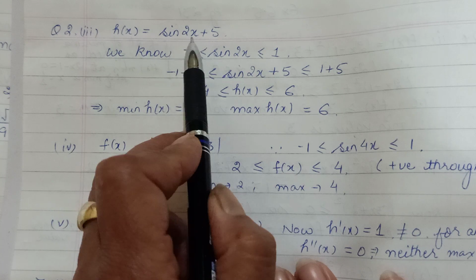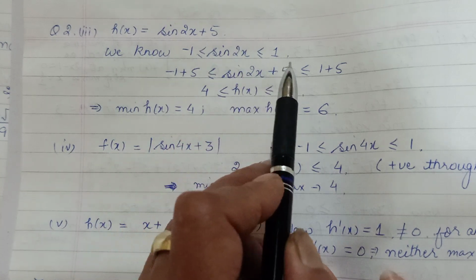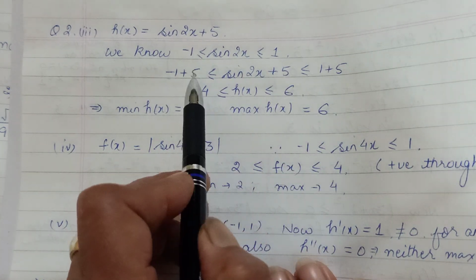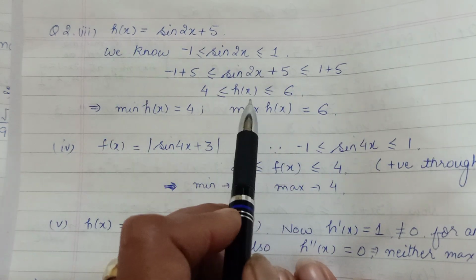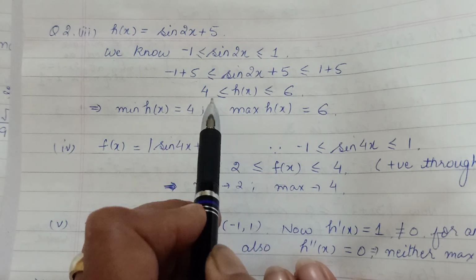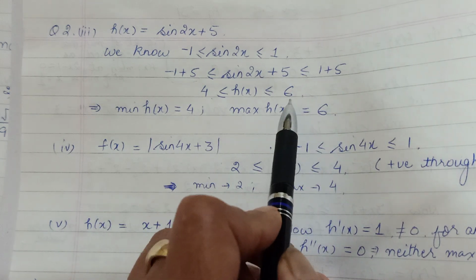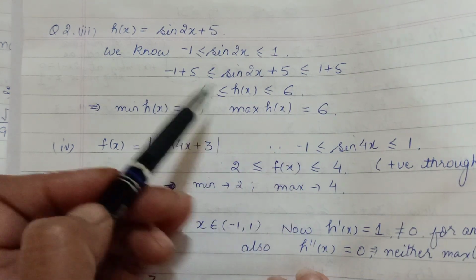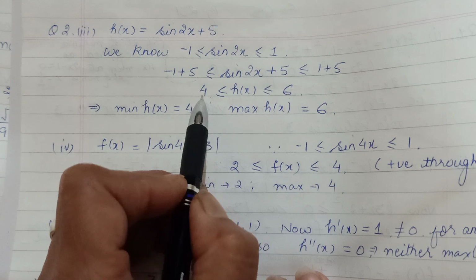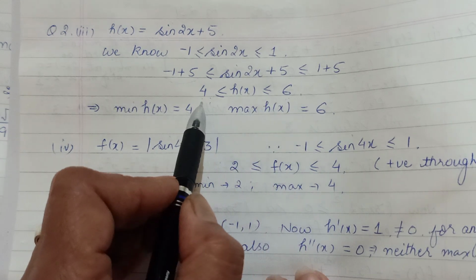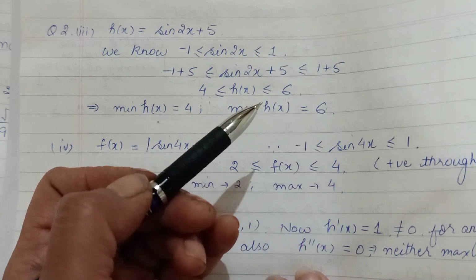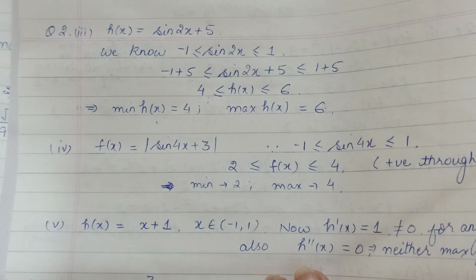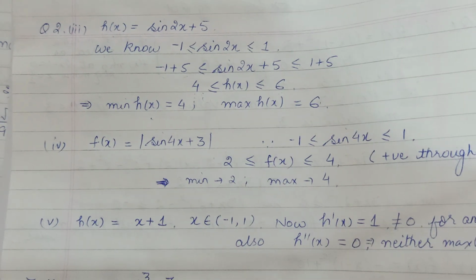Your function had sine 2x plus 5, so adding 5 on all the sides, this becomes your given function, that is h(x). Its range is coming from 4 to 6. Alright, so the given function ranges from 4 to 6. So from here it is clearly visible that minimum value is 4, maximum value is 6. Okay, so that is how analytically you can straight away give the solution.